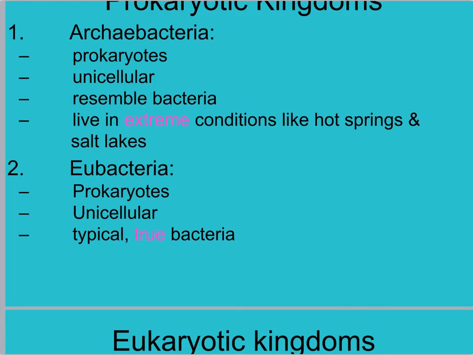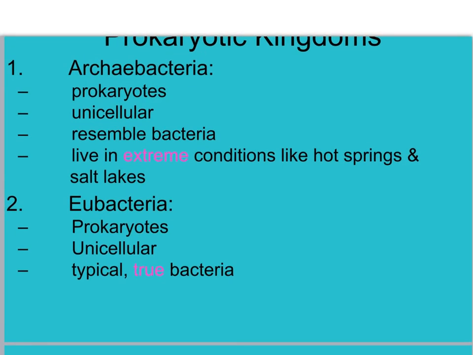So we're going to talk about each one of these kingdoms now. So this up here should say prokaryotic kingdoms. So the first one is Archaebacteria. So Archaebacteria, you need to think as like archaic. And when I think of something that's archaic, I think very old. Okay, so archaebacteria are going to be prokaryotic.